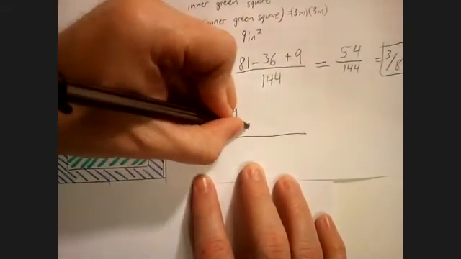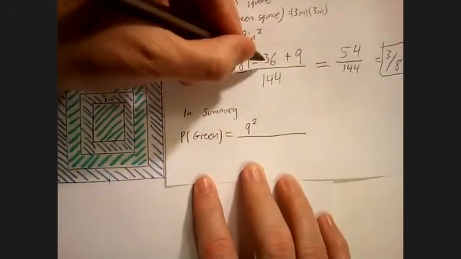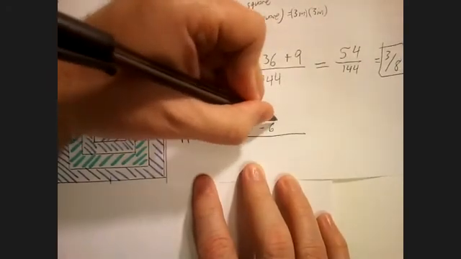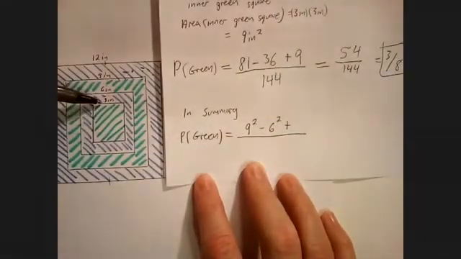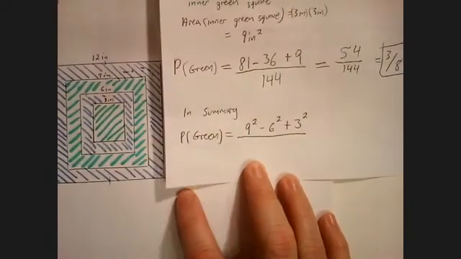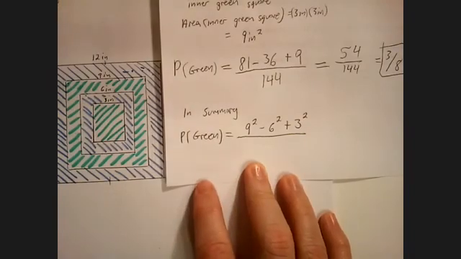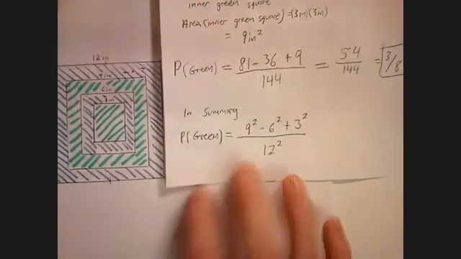That 81 was because 9 squared. Then I subtracted off this 36, which is 6 squared. And I added back this guy here, which was 3 squared. And the number on the bottom was this outer one squared.